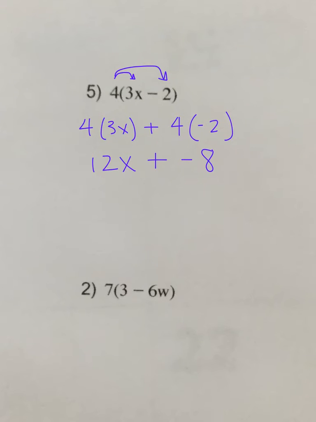Technically, that is the correct answer, but we need to go another step and take out the positive because we don't need it. So your answer is 12x minus 8.